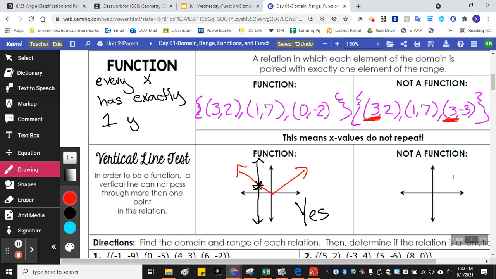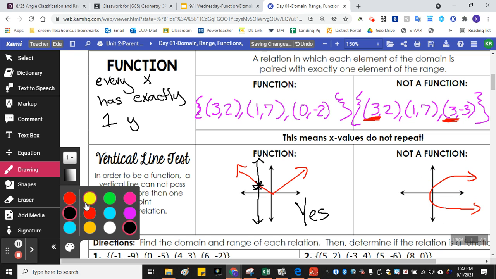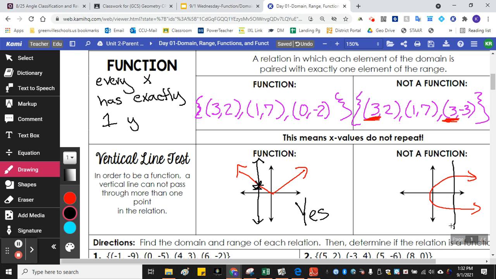But if I do a sideways parabola, and I can draw a vertical line anywhere and it crosses twice, then it's not a function. That's a sideways parabola.